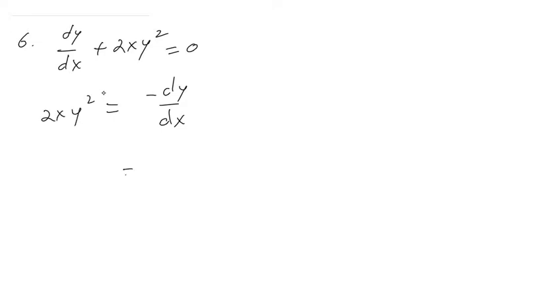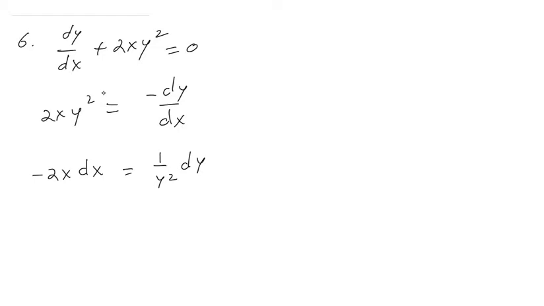From here I can move this y square here, and I will have dy here, and this is 2x which will be here, dx will move here, and now I am moving this constant, this minus 1, which is multiplied with this term on the left side, because I want all the constants with x.